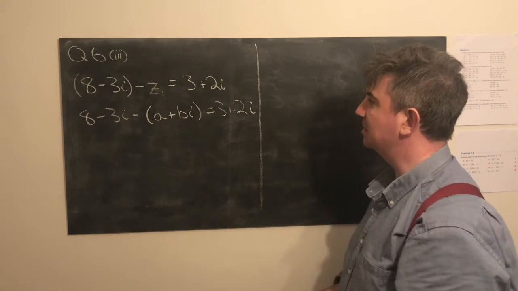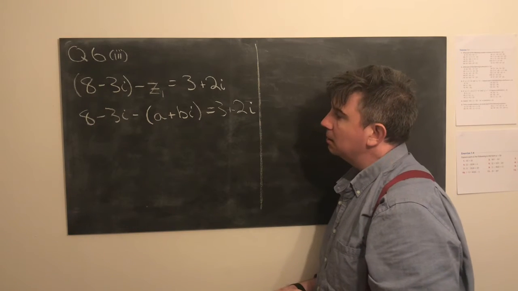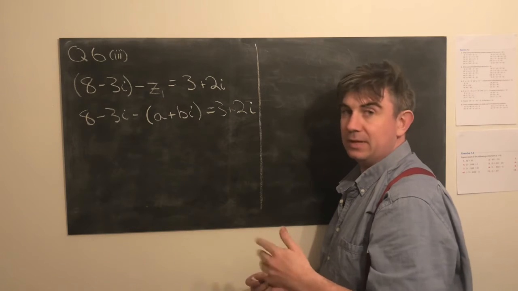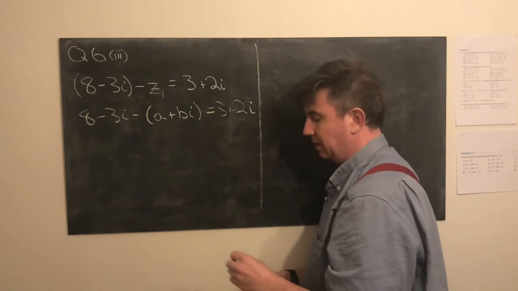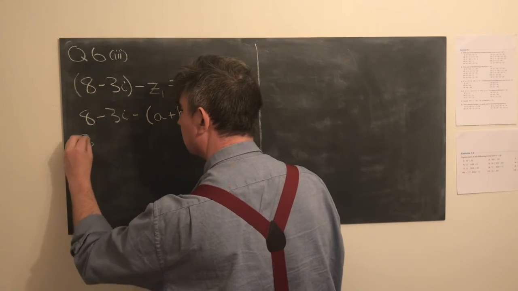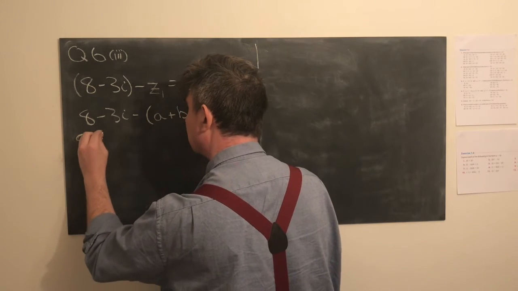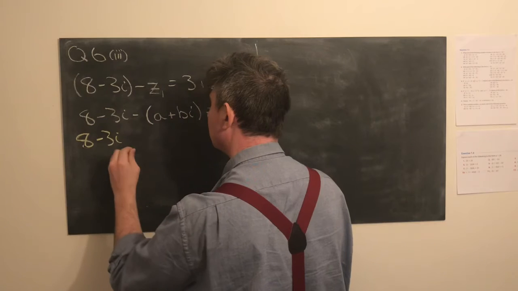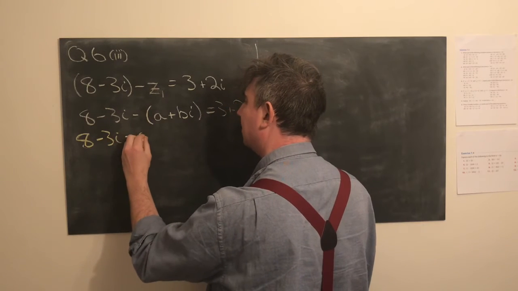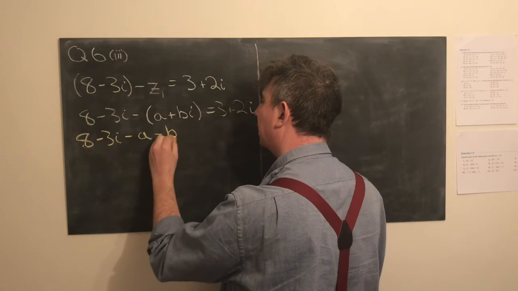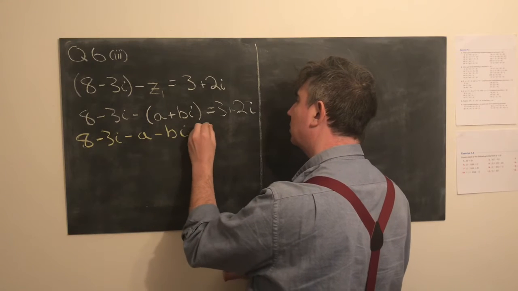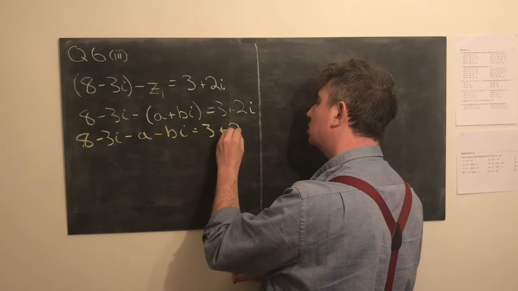I'll draw it there just to be safe. So that then gets us to a stage where we can go 8 minus 3i minus a minus bi equals 3 plus 2i.